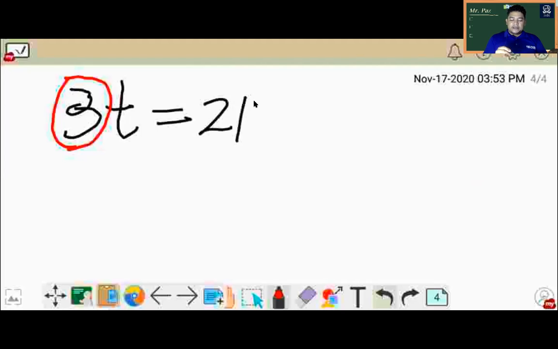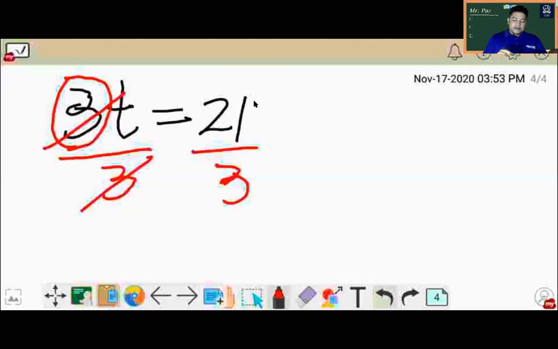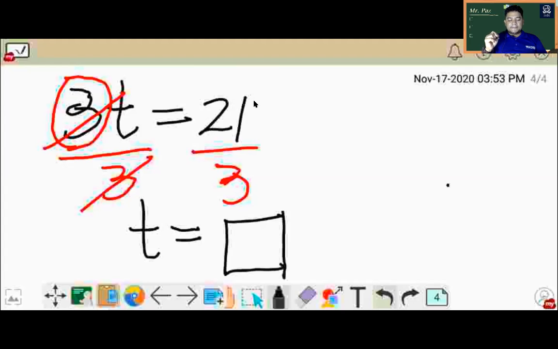When the number is multiplying, the rule says I have to divide by the number. 3 divided by 3 will be 1. So I have only t equal to 21 divided by 3. The 3 is multiplying, and to eliminate it, what we have to do is divide. Remember, the opposite of multiplication is division.